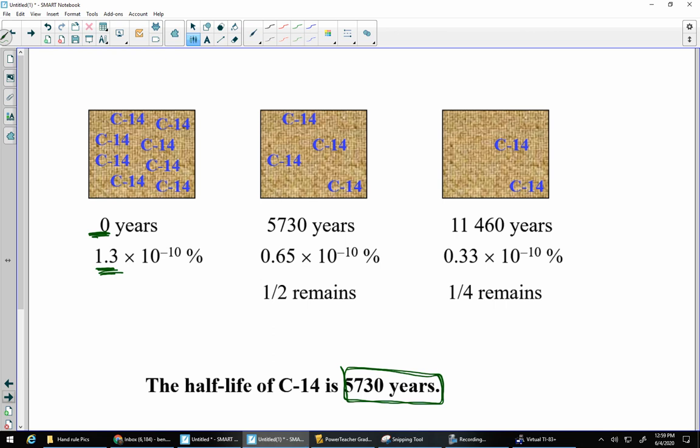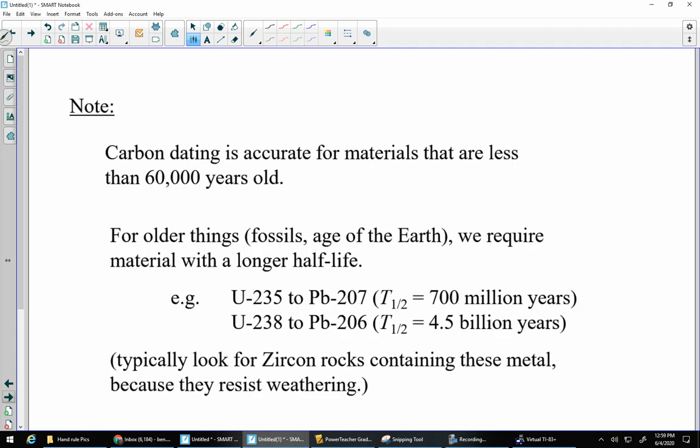After 5,730 years, we'd have half as much. After 11,460 years, we'd have a quarter as much. You can kind of see where this is going. So if we can measure the difference in percentage between carbon-14 and carbon-12, could we figure out the age of something? Absolutely we could. By looking at that percentage, we can figure out how old stuff is.